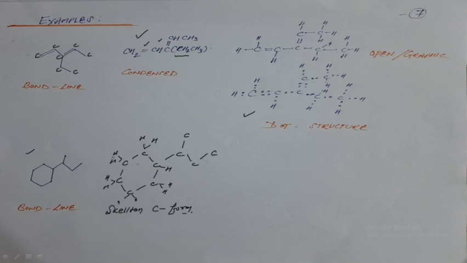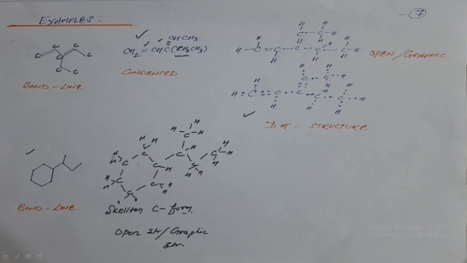Here this carbon will contain only 1 hydrogen, that one has 3 hydrogens, and that one also has 3 hydrogens, and this one contains 2 more hydrogens. So this one is the open structure, and one more name I have given here: graphic form, graphic notation, formula, or structure.